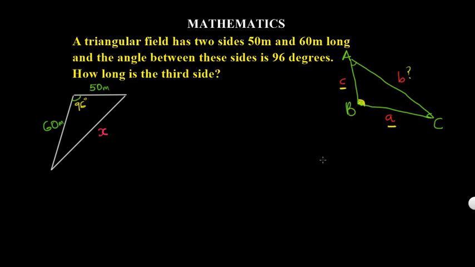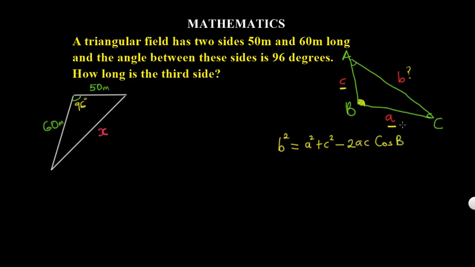The cosine rule says the square of side b is equal to the sum of the squares of a and c, as a squared plus c squared, minus 2 multiplied by ac multiplied by the cos of B that is given to us.